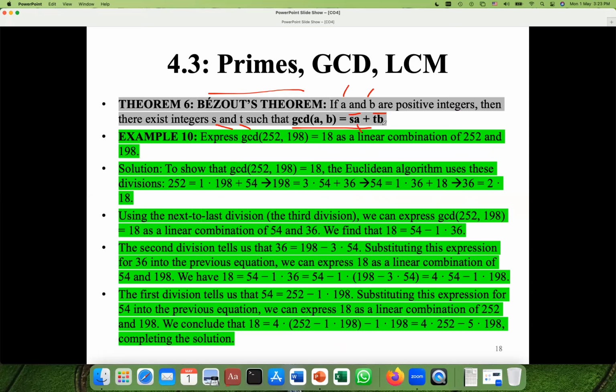This a and b are the same integers that are given to you, and this s and t would be the new values introduced by you, multiplying with a and with b.